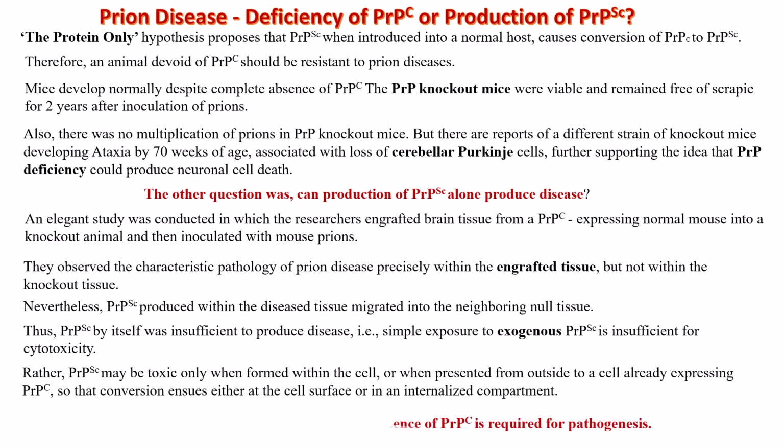Thus, in all cases, it appears that the presence of PrP-C, that is the cellular PrP protein, is required for pathogenesis. After having discussed the prion pathogenesis, let us now move on to the treatment of the prion disorders.